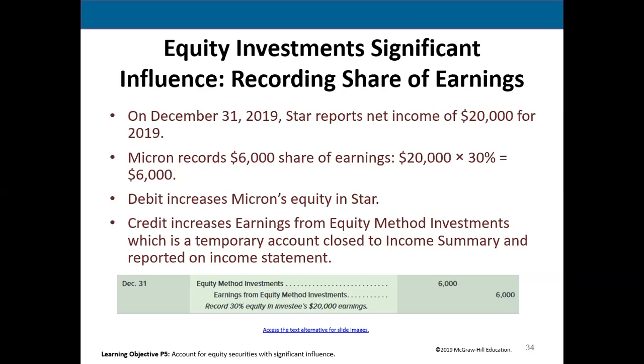They say record revenue for the portion of the earnings that you are entitled to, Micron, and that's what they're doing. So they just increased their net income as well, $6,000. Now this account doesn't have the word revenue in it, but that's what that is. And it would be reported in the other gains and revenues on the income statement.